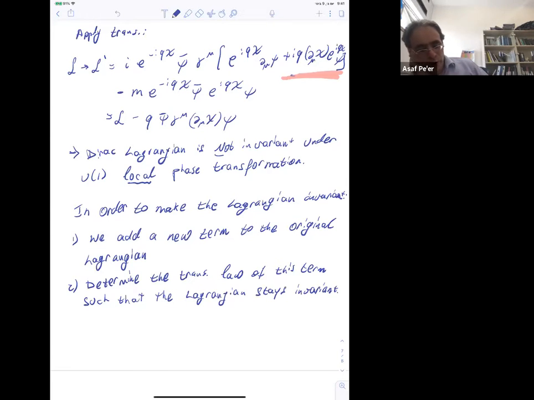But this is pretty much what we did when we derived the Dirac equation in the first place. We chose some transformation law of the spinor psi such that the Dirac equation is invariant under a Lorentz transformation.